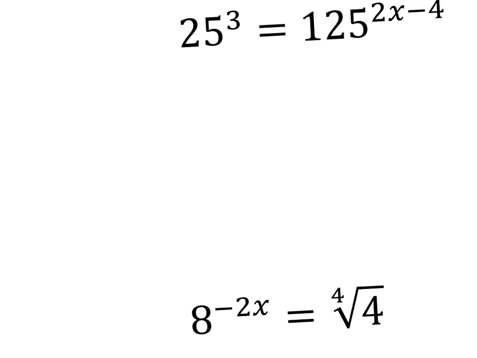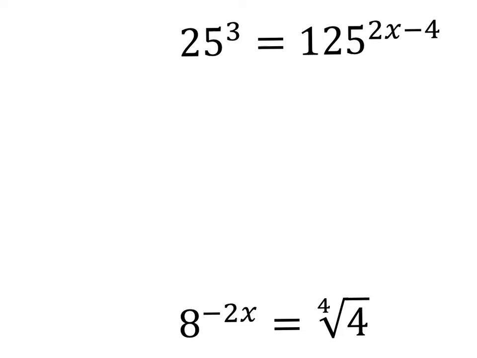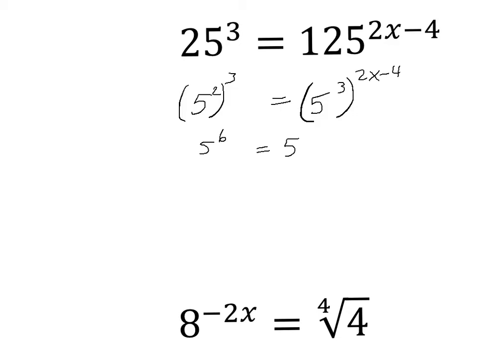Here we have another one where our bases are not the same. But 125 is what? Let's see, 5 cubed, right? To the 2x minus 4. But 25 is not a base of 5 either, but it is a base of 5 if we look at it as 5 squared, cubed, which gives me 5 to the 6th power equals 5 to the 3 times 2x minus 4 power, right?